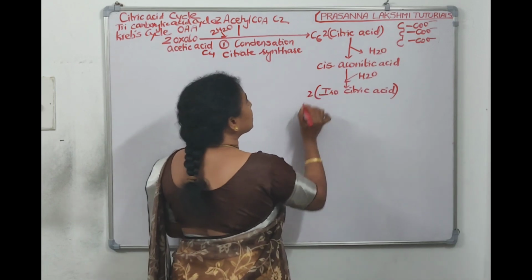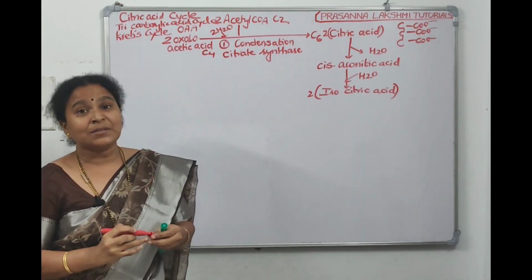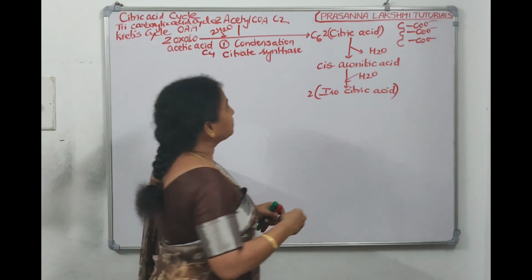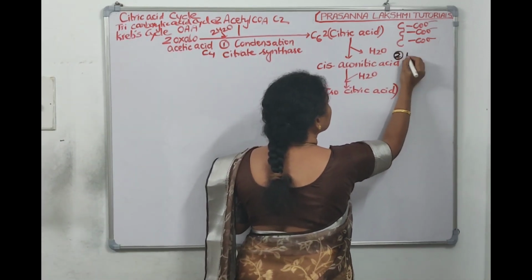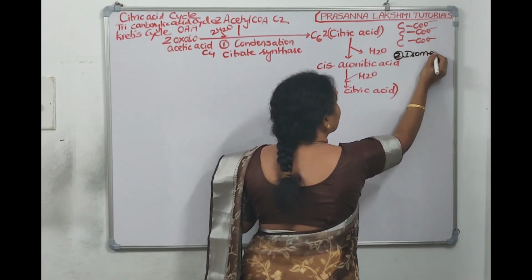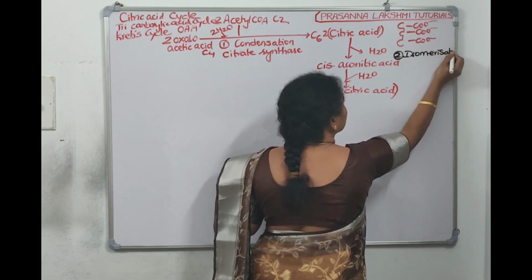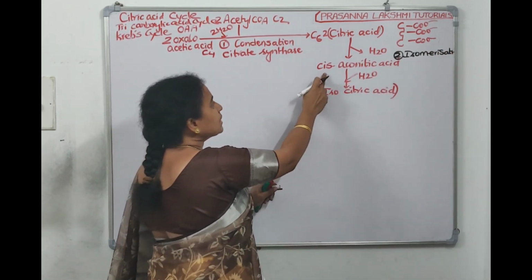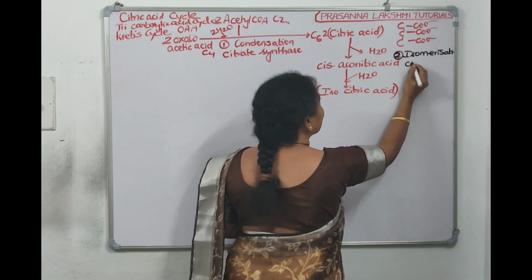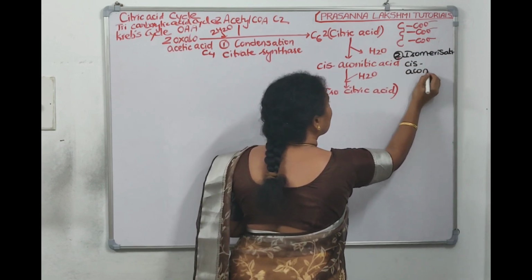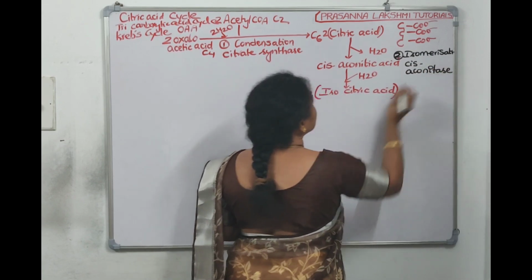So the second reaction is called the isomerization reaction. The enzyme will be called cis-aconitase.